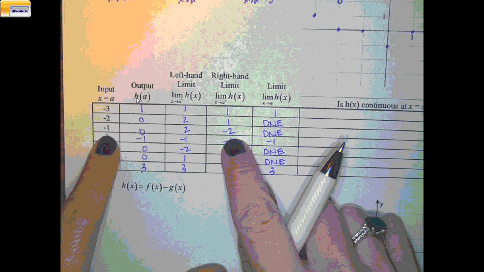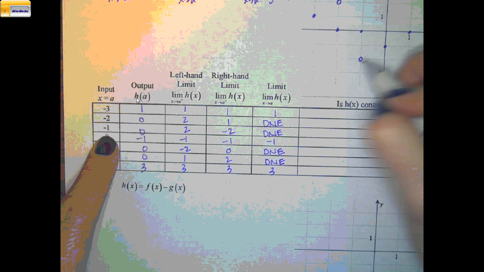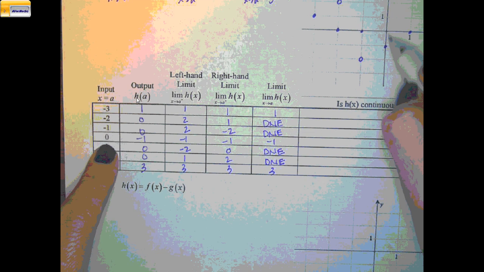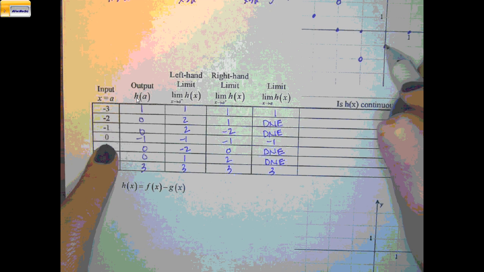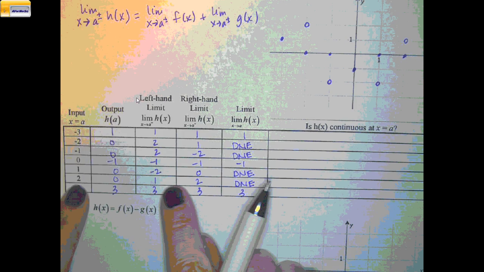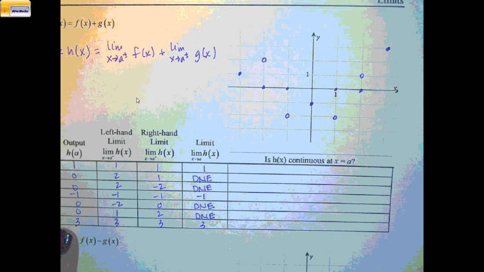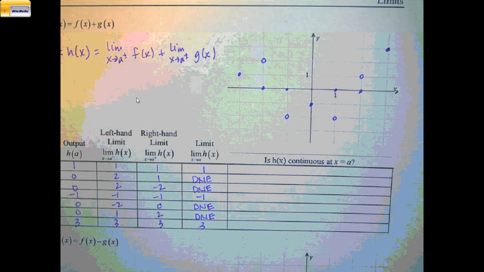Next one, -1, -2, open dot. 0, -1, we've already got a dot there, so we don't need to touch it. 1, -2, open dot. 2, 1, open dot. And 3, 3, we already have a dot. So we're good. Now we need to do the right-handed limits as well.